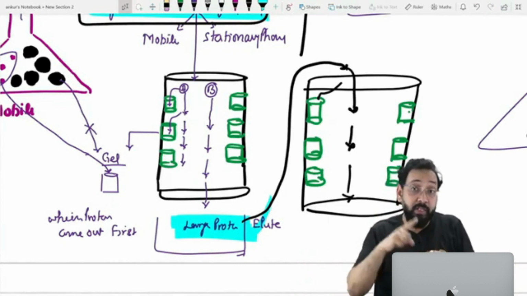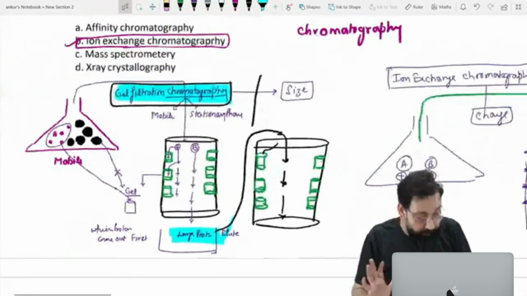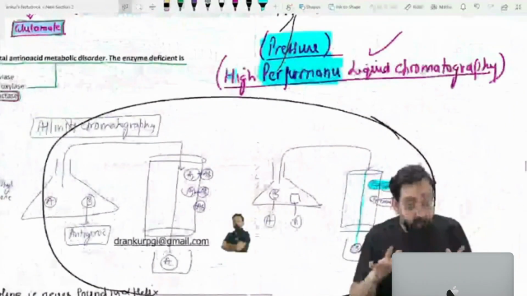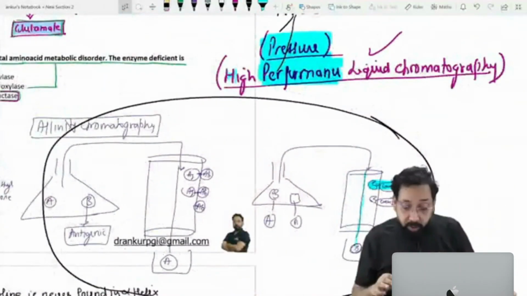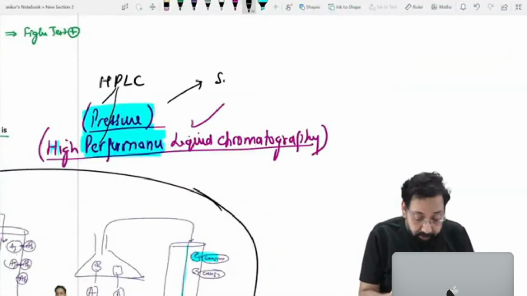So if there are 100 cycles in 1 minute, performance will increase. You are increasing the performance by increasing the pressure, meaning in the same time multiple cycles can be done. So you can apply pressure on gel filtration, ion exchange, and affinity chromatography. High pressure, high performance liquid chromatography may be based on size, charge or affinity.